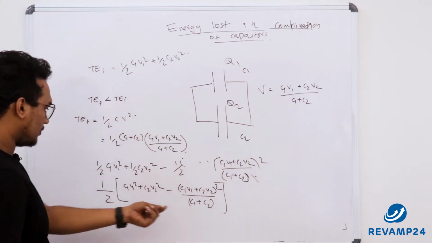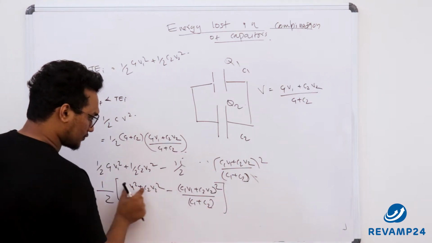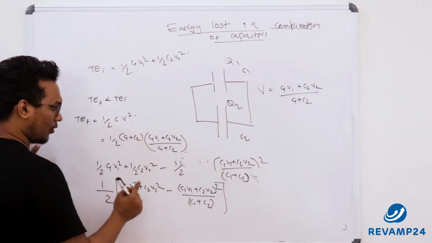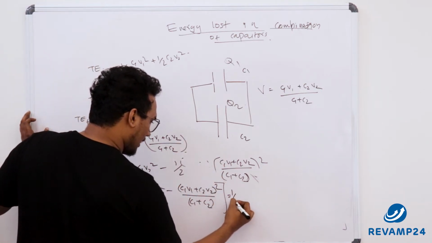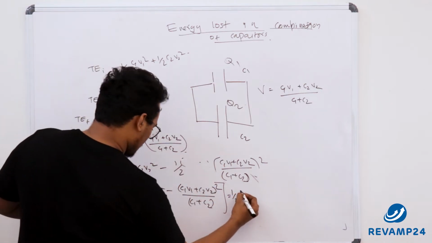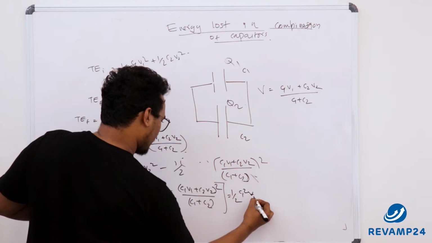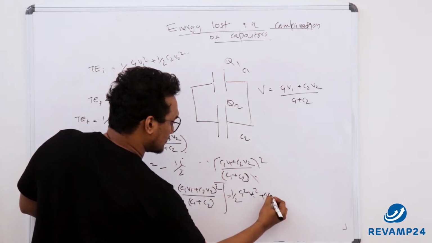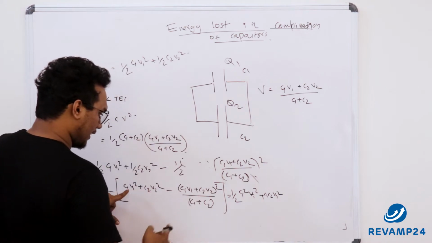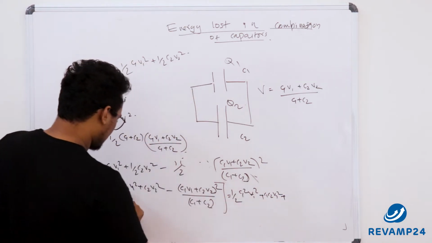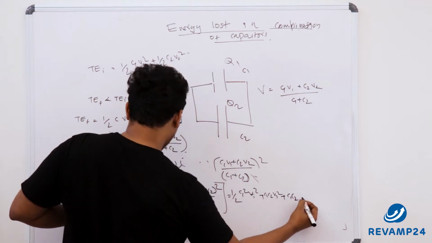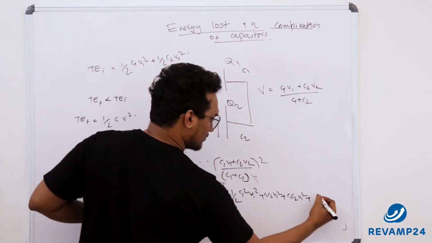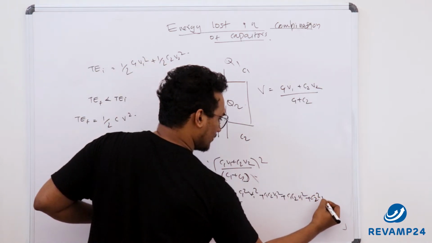Okay, now do the LCM. What is LCM? Cross multiply this. So C1 into this whole term, then C2 into the whole term, then expand it. So this will be half into, so multiply this: C1 square V1 square plus C1 C2 V2 square, then multiplying with C2: C1 C2 V1 square plus C2 into C2 V2 square, which will be C2 square V2 square.